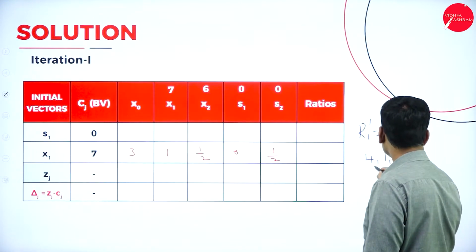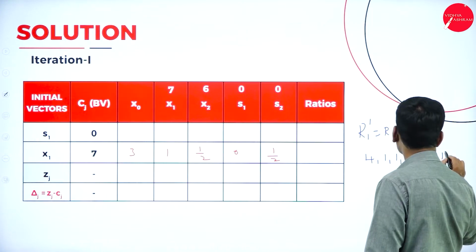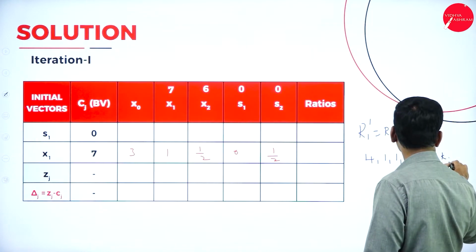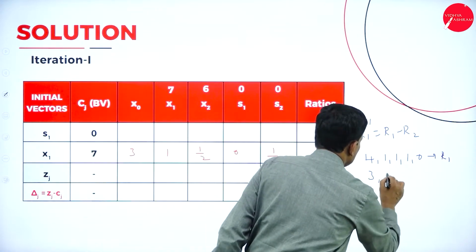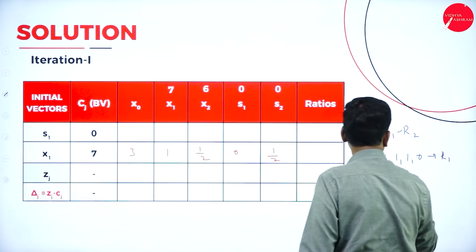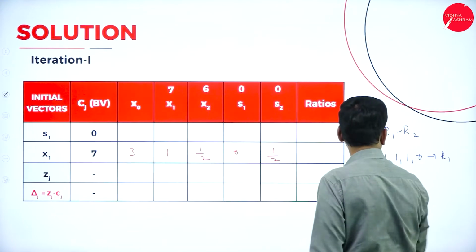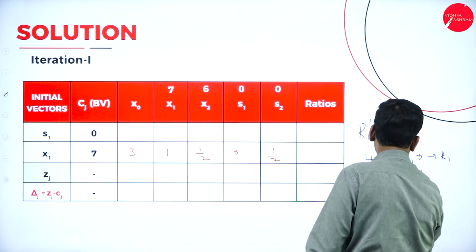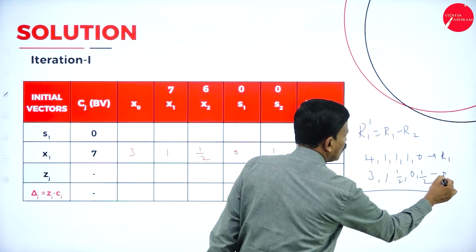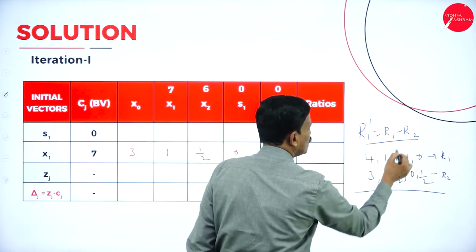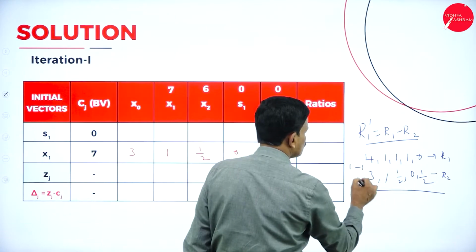Subtract this, that's it. So R1 minus R2, this minus this.